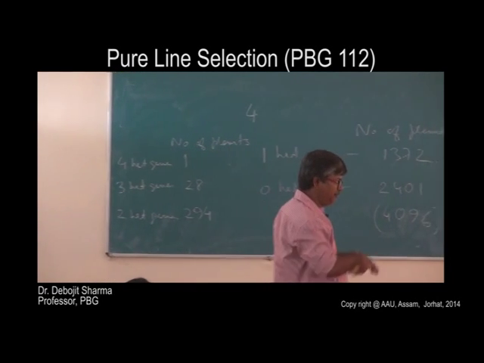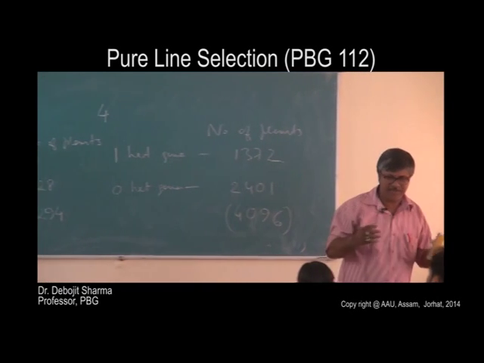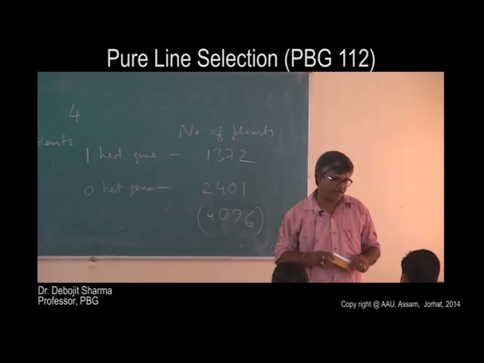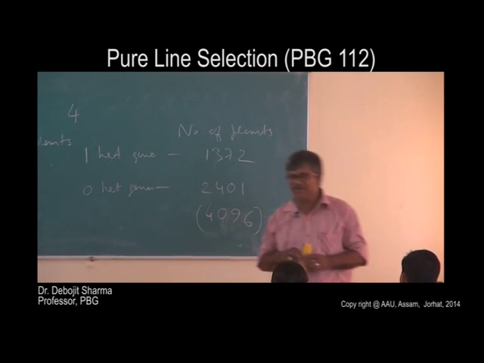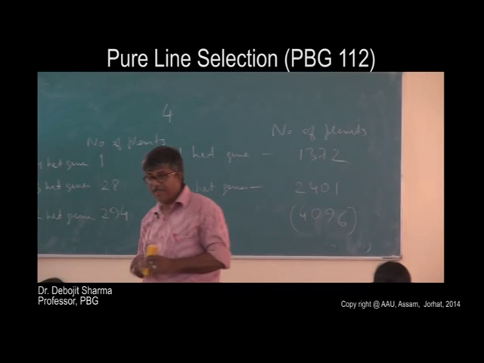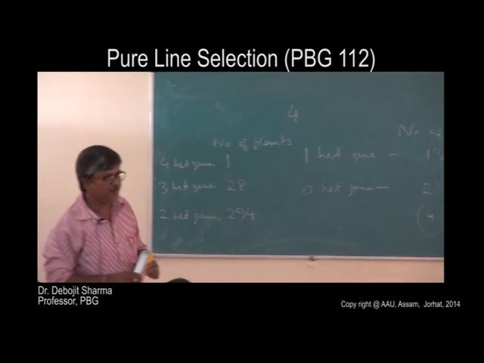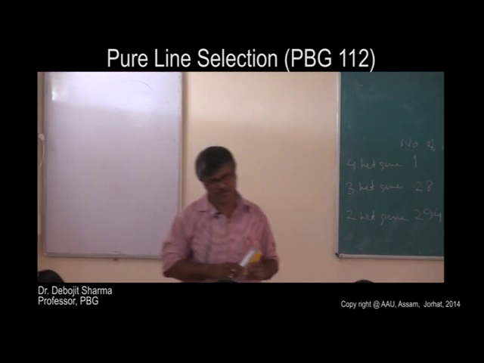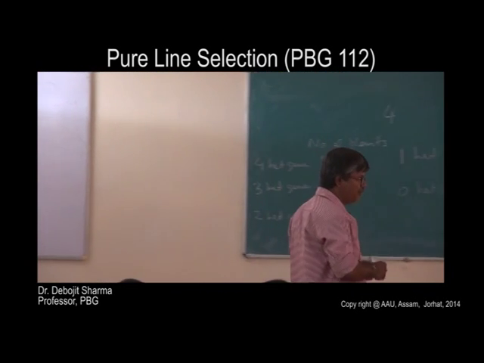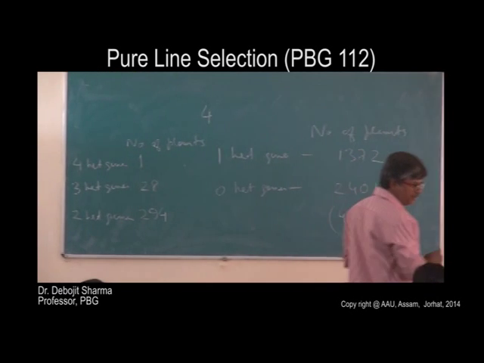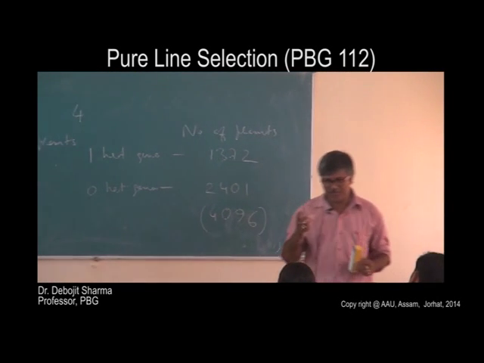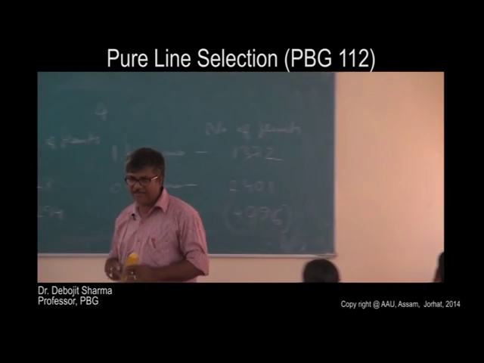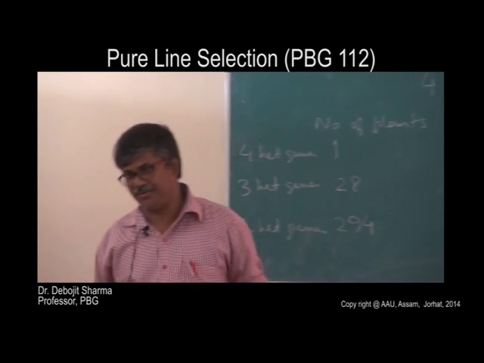If 2 genes are segregating, the minimum perfect population is 16, 4 to the power n. 4 into 4 is 16. 1 gene means 4, 3 genes means 4, 4, 4, that is 64. But in reality, when you study the inheritance of a particular character, you have to go for a much larger population.